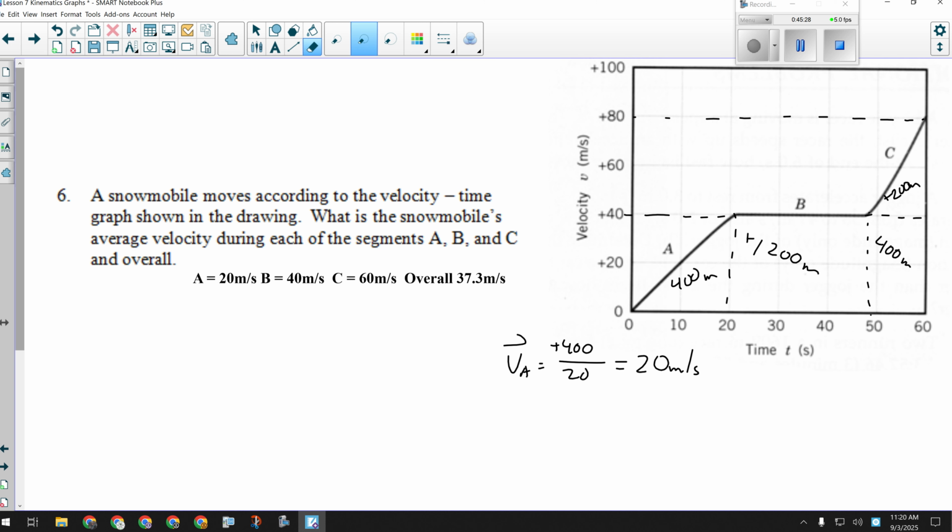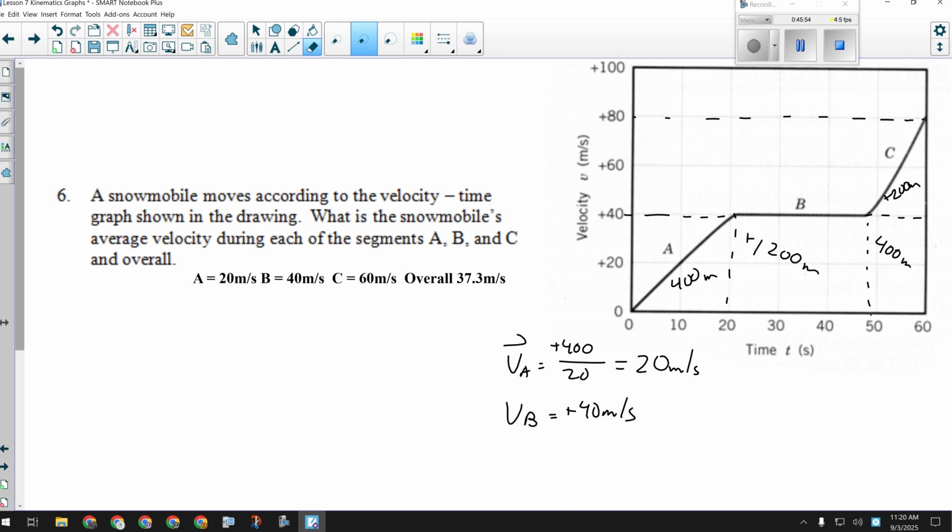What's the average velocity in part B? Like I have that area because I need it for the last part of this question, but what is it doing in part B? Coasting. Coasting, traveling at a constant velocity of 40 meters per second. I don't need to do any extra work. I can just read that one right off the graph. Okay, velocity in part B is positive 40 meters per second.